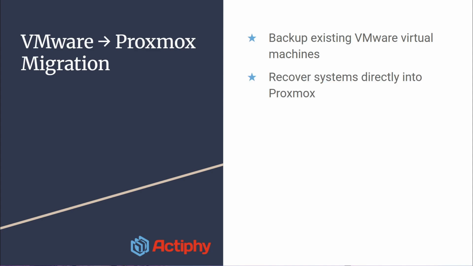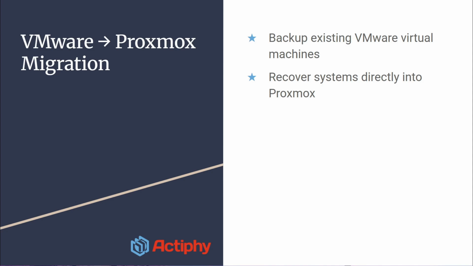Once the VMware virtual machine has been protected as a full system image, migration becomes straightforward. Instead of performing complex conversion processes first, you restore the protected image directly into Proxmox. The system boots inside the Proxmox environment as a working virtual machine, with its operating system, applications, and data intact.